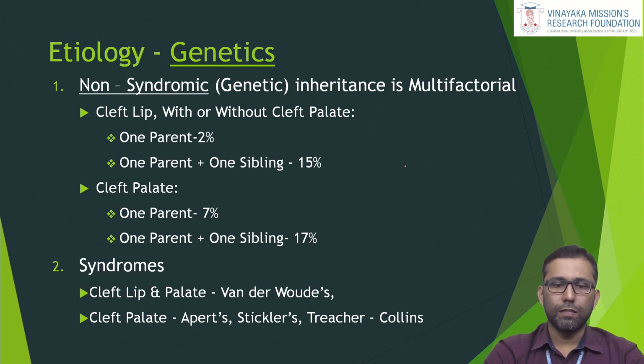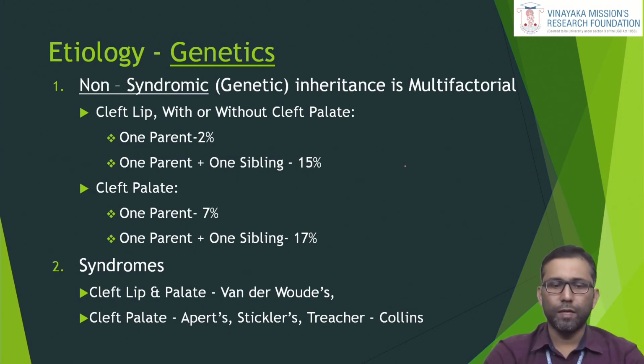Now these statistics are a little bit confusing, but what they try to say is that in the case of isolated cleft lip, or cleft lip with or without cleft palate, if one parent has the congenital abnormality, there is a 2% chance that their children will develop cleft lip and palate. That is the predilection.